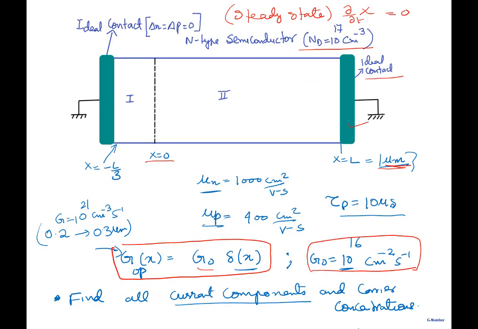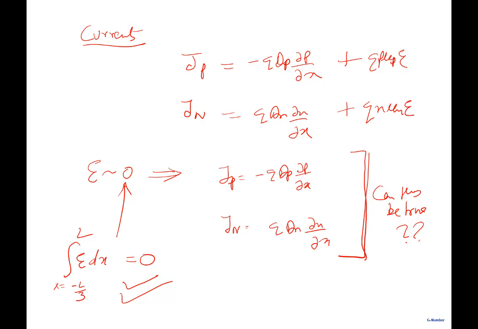We said, note that these regions, L equal to 1 micron and minus L by 3, whatever, L and L by 3 obviously, is much smaller than diffusion length. What is the implication of this? What does it mean if it's much less than diffusion length?